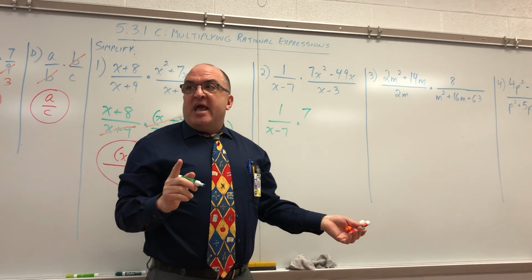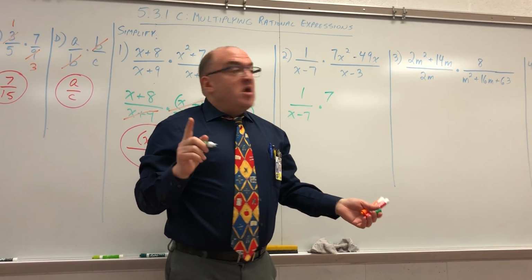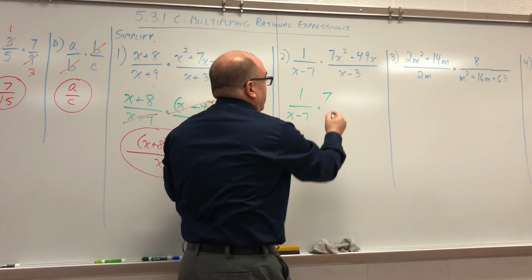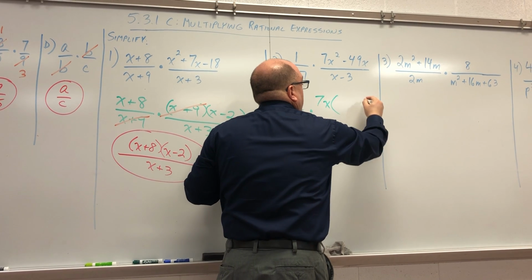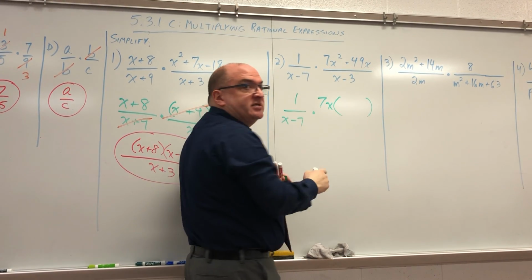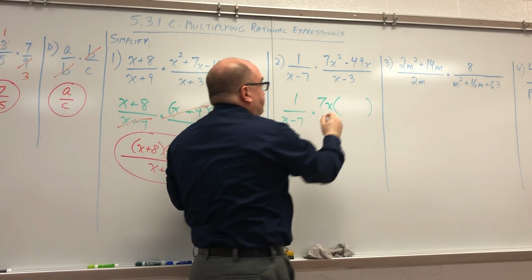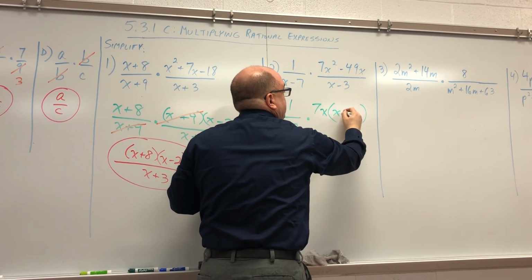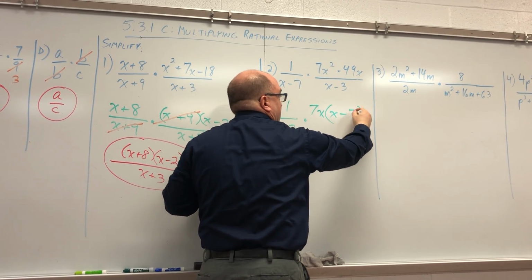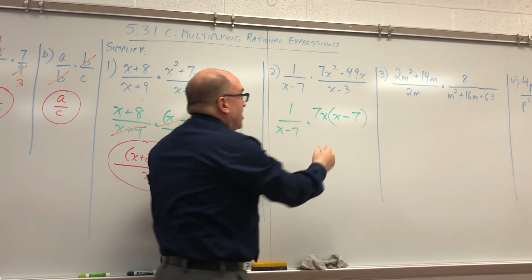Just how many x's are common? 1. Only 1, right? Because there's only 1 here, so there's 1 x common. Okay? I took out 7 and an x. What's left here? Just x, right? Minus, I took out a 7 and an x. A 7 is left. That's it, right?